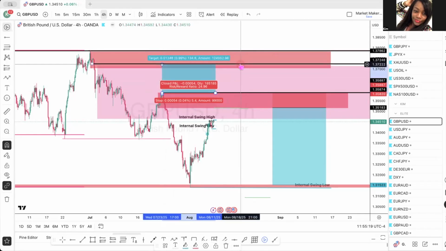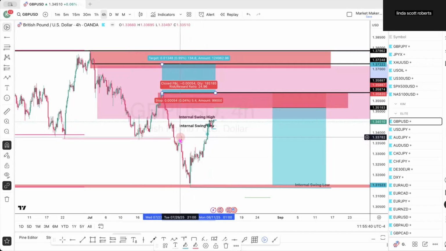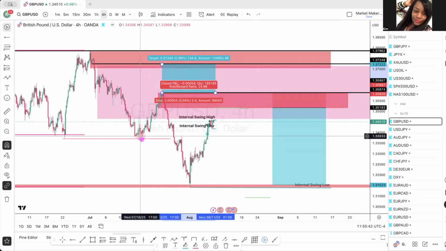So you always want to set a hedge based on your swing. And I don't do hedges on internal swings. I only do hedges on the higher time frame swing, the external.